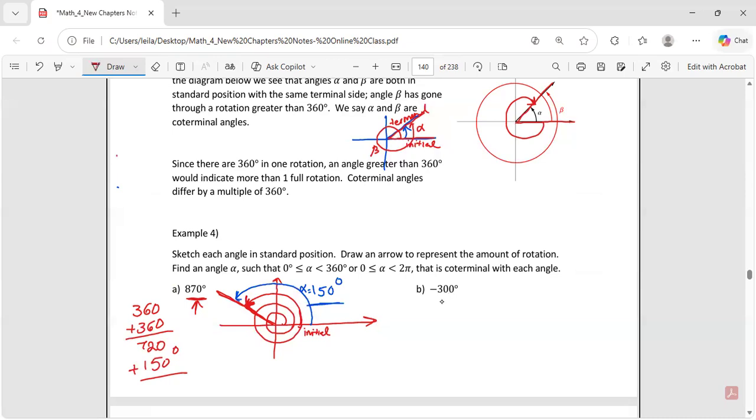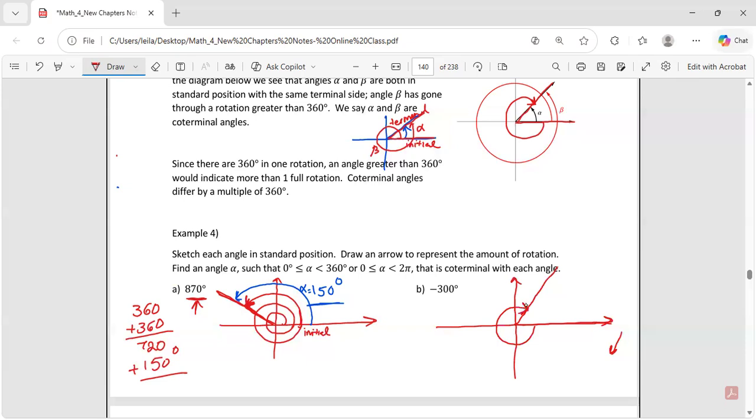Let's graph negative 300 degrees. So in a negative direction I have to move, and I always start with the same initial side. 300 degrees is 60 less than one full rotation, so I can stop here.